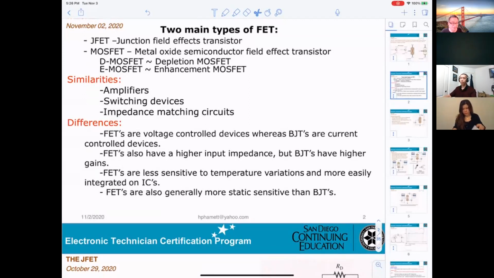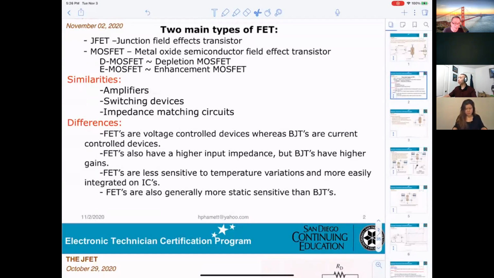The difference between the bipolar and the JFET: a FET is a voltage controlled device, while the bipolar is a current controlled device.